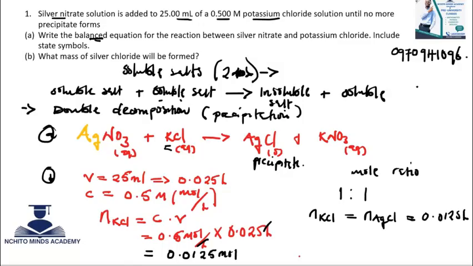What are we going to do? We know the number of moles is equal to mass over molar mass. Therefore, the mass is equal to the number of moles times the molar mass. The number of moles of silver chloride we have found is 0.0125. Oh, sorry, I said liters earlier, it is moles. So moles times the molar mass of silver chloride, which if you calculate is 143.